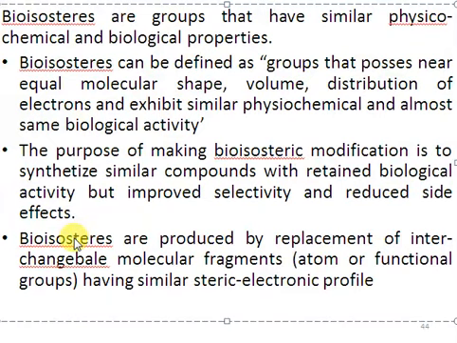And they are produced by replacement of molecular fragments, and these molecular fragments may be atoms or functional groups. But the important thing is that these atoms or functional groups must have the same steric electronic profile, meaning they should resemble in their sizes, the distribution of electrons, and in their physical and chemical properties.